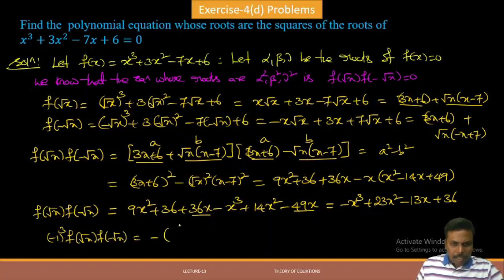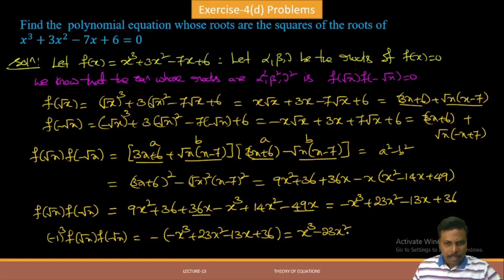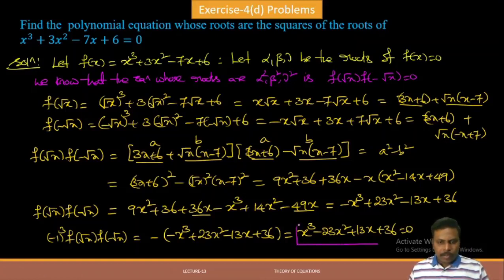So that is minus 1 into minus x cube plus 23x square minus 13x plus 36, that is x cube minus 23x square plus 13x minus 36 is equal to 0. Here is the solution for the given problem. Hope you have understood the solution for this.